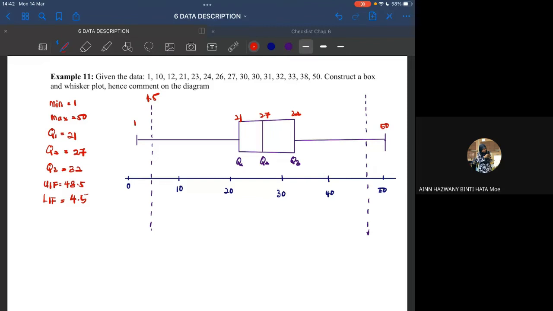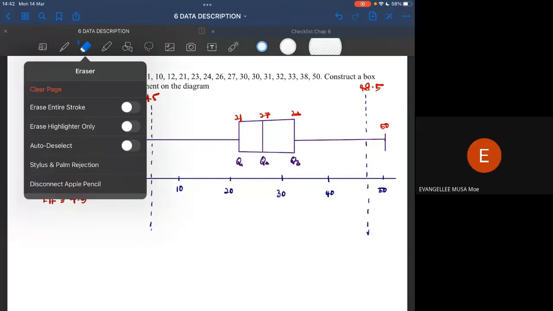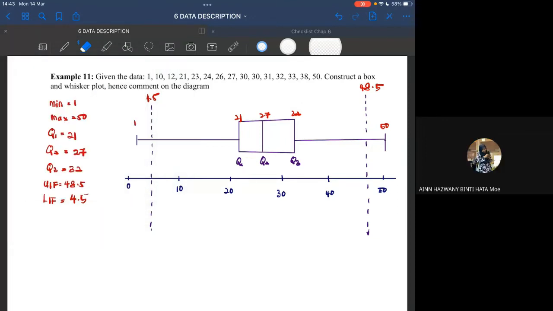So apa yang kamu perasan dekat sini? Apa kelainan daripada dua example yang kita buat before this? Upper inner fence dengan lower inner fence di dalam tu, like the whisker. Yep. Minimum dengan maksimum tu berada di luar fence kita. Okay, nama pun fence. Fence tu dia pagarkan kita punya data kan.